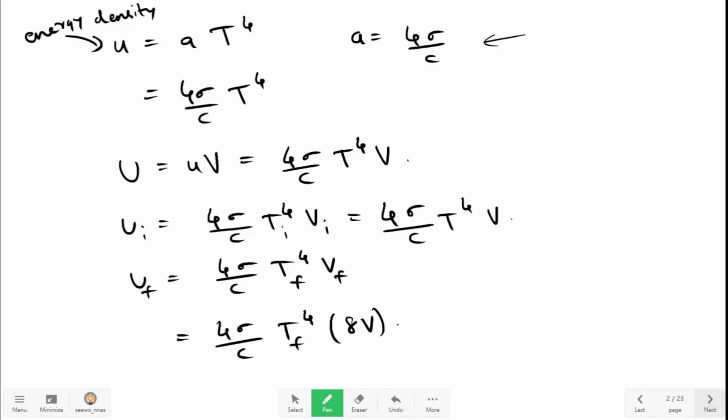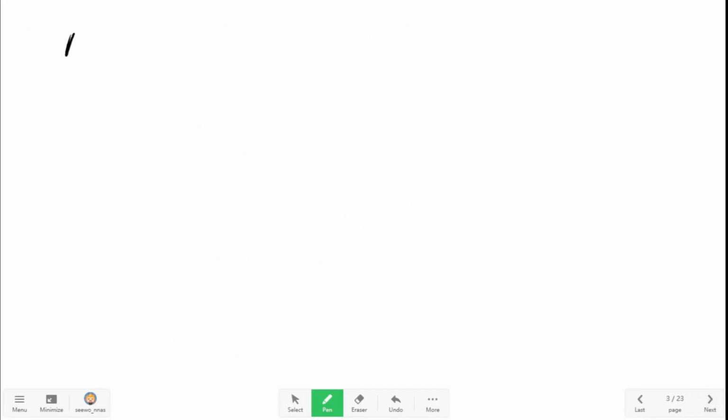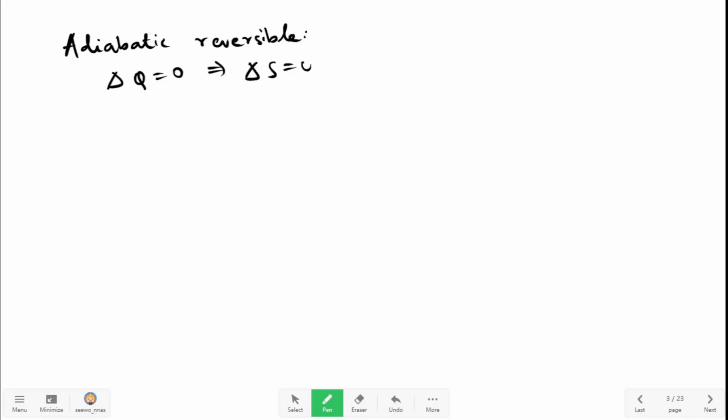To do that, we are given that the process is adiabatic, and let's assume that the process is reversible. For an adiabatic reversible process, delta Q is 0. This implies delta S is equal to 0 for a reversible process. Now the entropy of a photon gas or thermal radiation is nothing but S is equal to 4 by 3 A V T cube plus some constant.